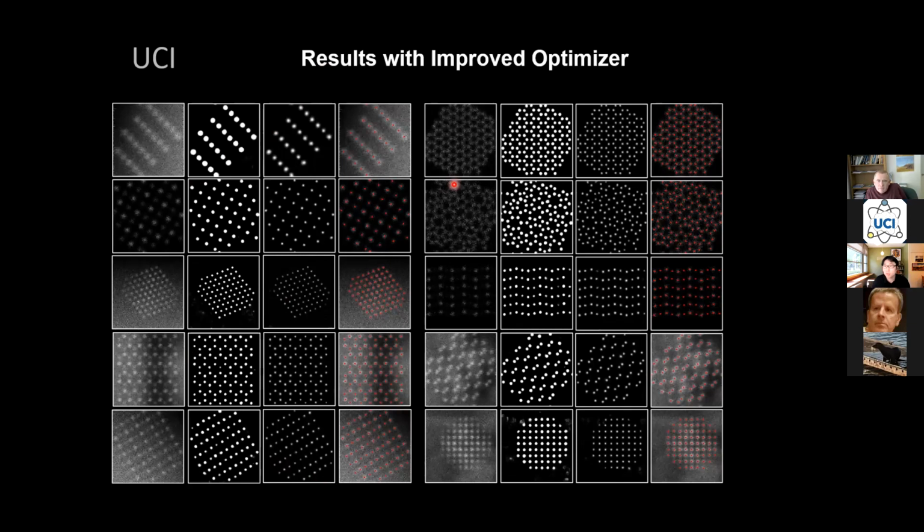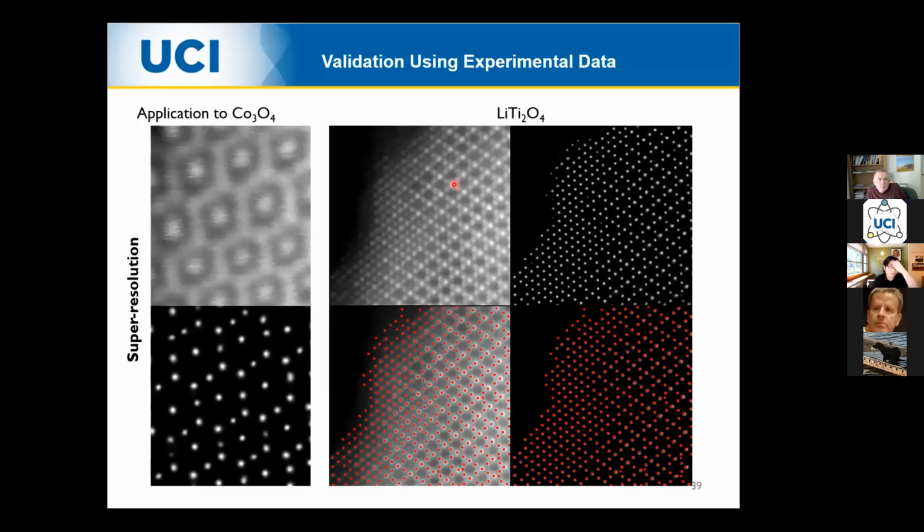Some of those are actually below that, right? And of course, the test is really to test the neural network on images that it wasn't trained on. So our neural networks are trained on simulated data, right? So the ultimate test is experimental images.